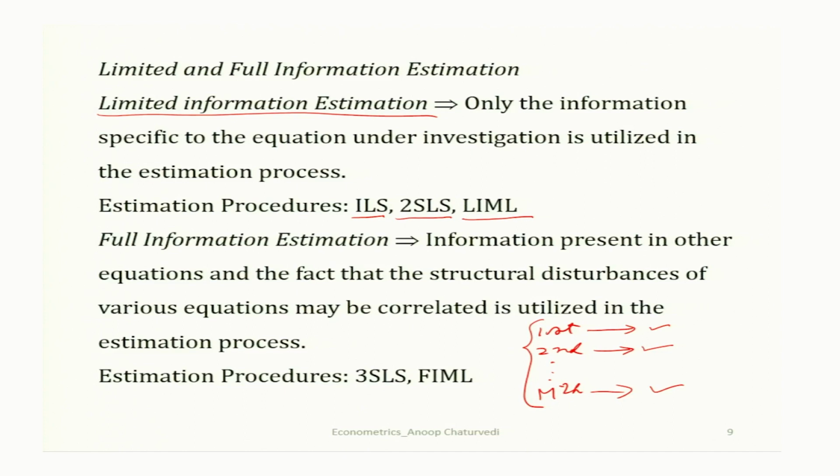And correlation means the information about a particular equation may be contained in other equations also. So, then we may combine all the equations and apply the GLS procedure. So, we estimate the parameters of all the equations simultaneously in seemingly unrelated regression models.